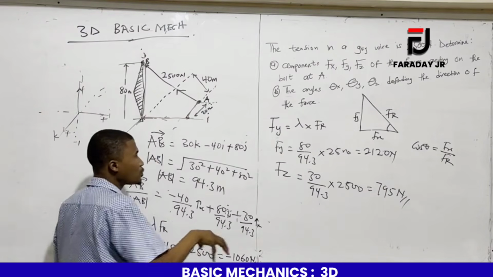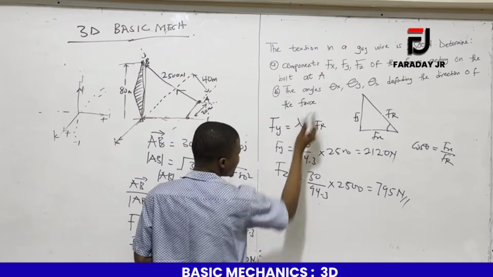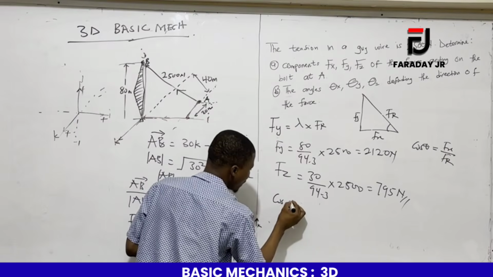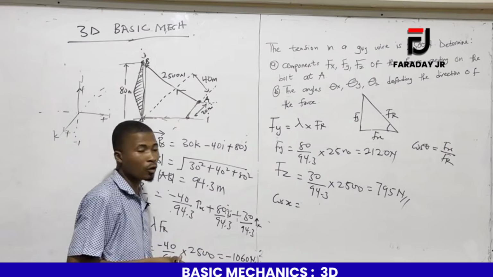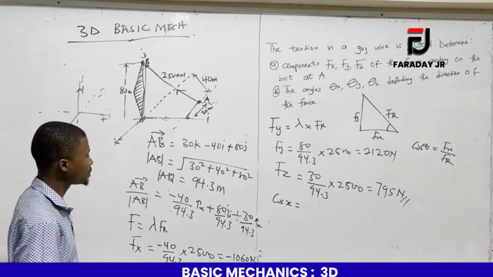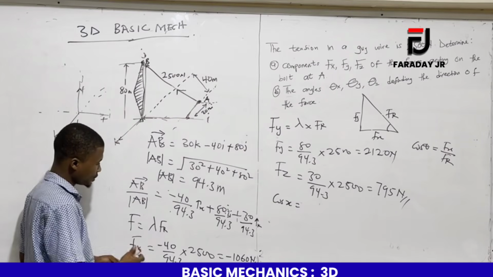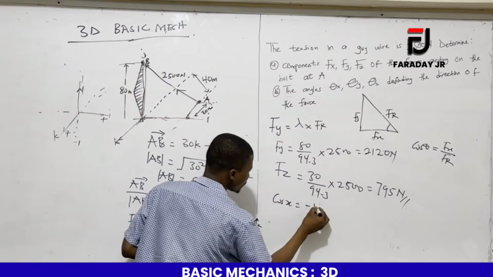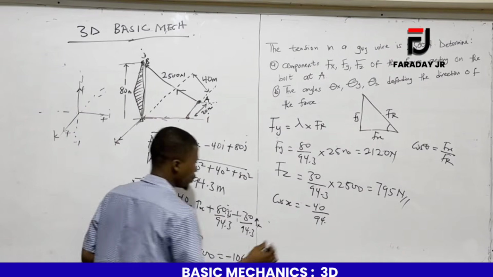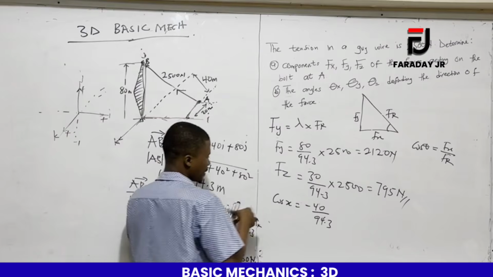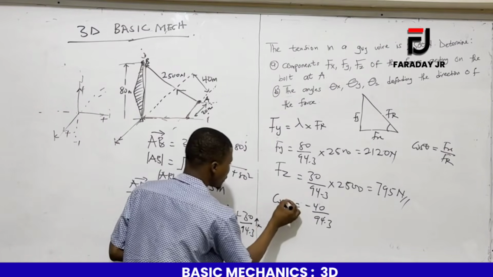That means that anytime we want to find the angle in the x plane, cos theta x is the same as the unit vector in the x plane, which is minus 40 over 94.3.